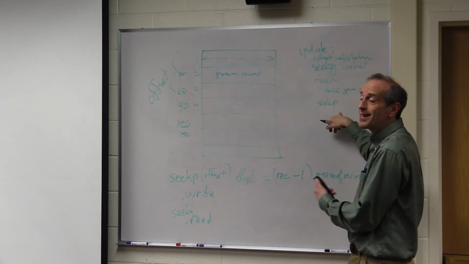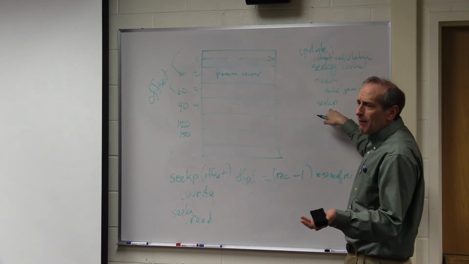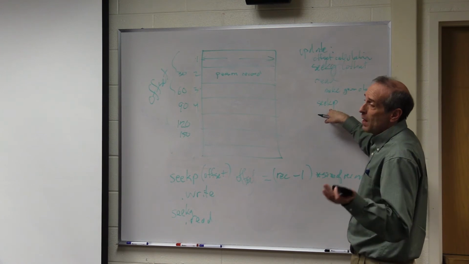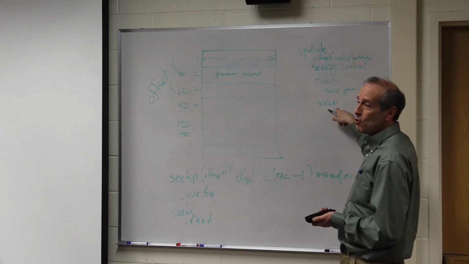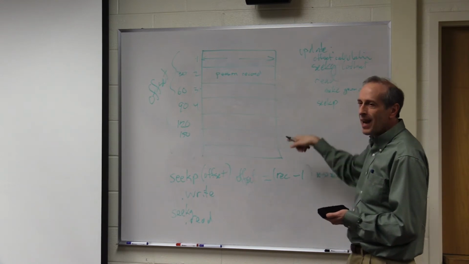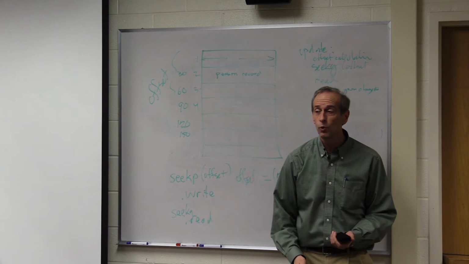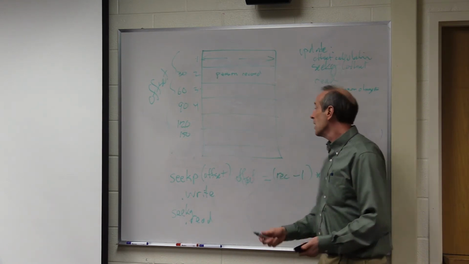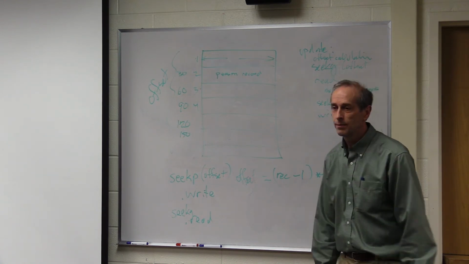So seek P sets that mode to putting, to writing. But if we didn't, and some systems don't require you to switch mode, if you didn't re-seek to the same location, your put would actually overwrite the next record. Whoops. So you need to seek P and then write.